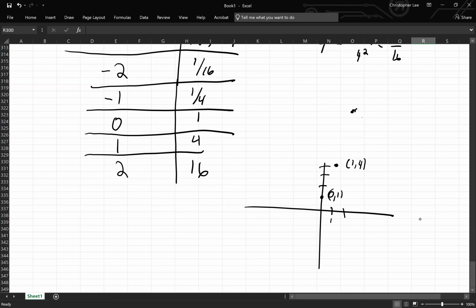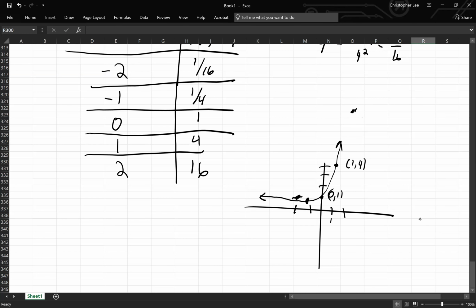All right. And then as it turns negative, all right. After that, just connect the dots, right? You get the idea. All right.